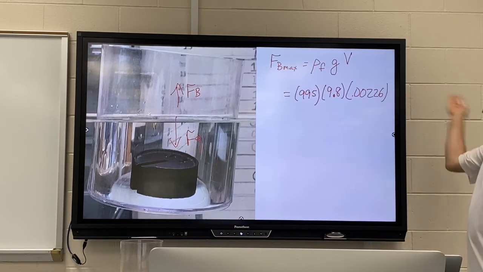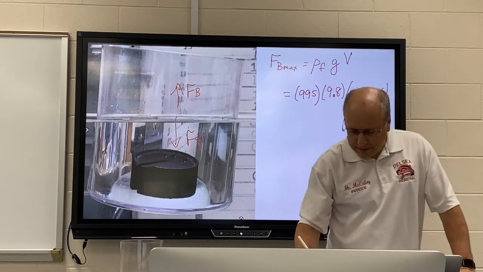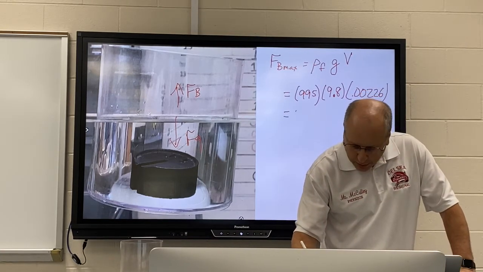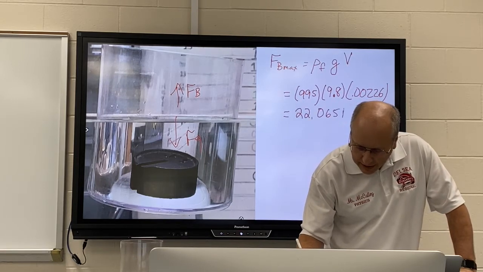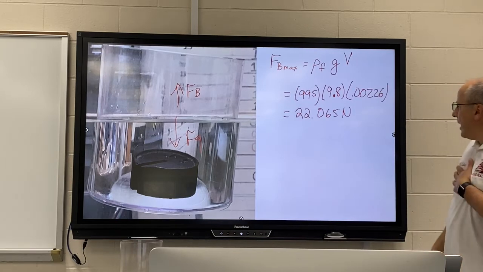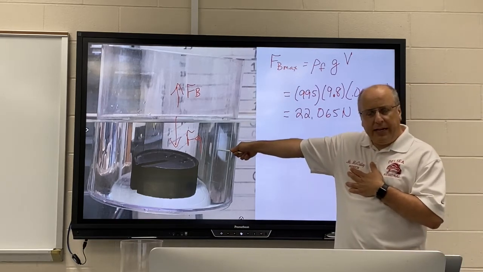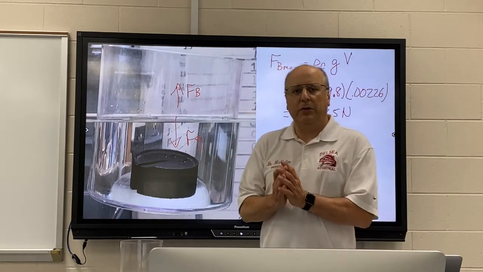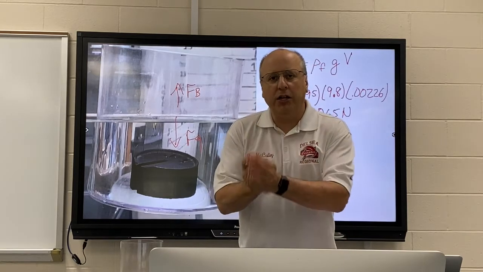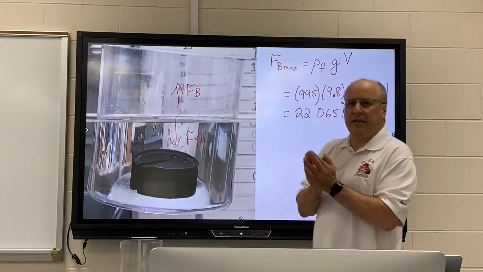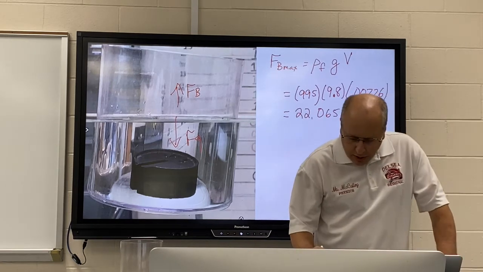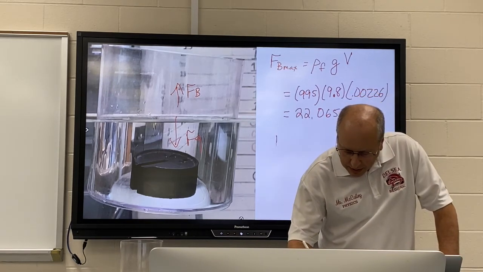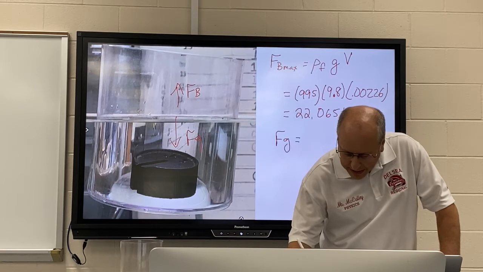Okay, so you multiply these numbers together, and we get a force buoyancy of about 22.065 newtons. Again, that is not the buoyancy right here, but that is the buoyancy when nearly 100% of the object is under the fluid. All right? So we want to set that equal to the maximum gravity that we can handle.